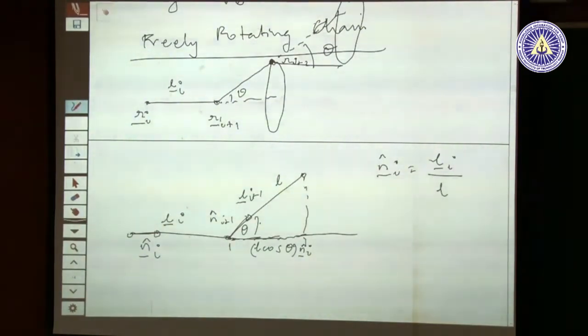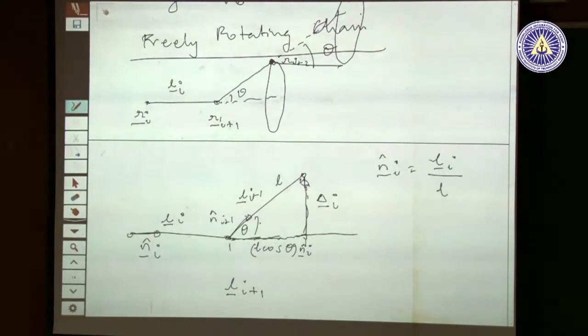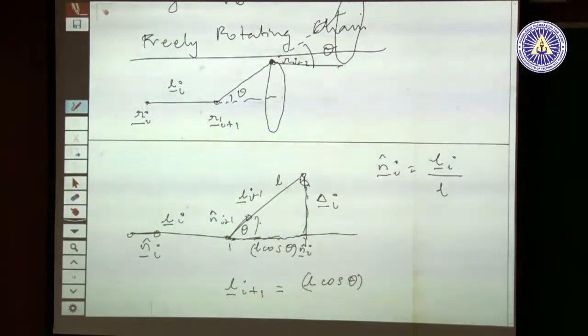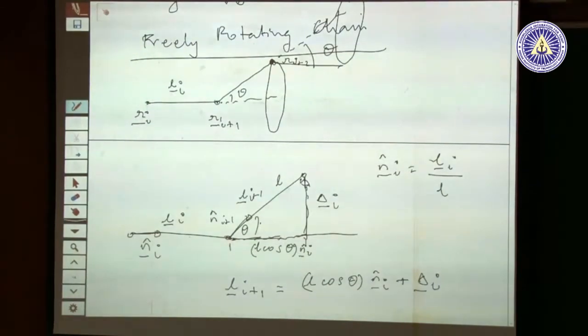Okay, so now Li plus 1 is free to rotate in any direction as long as it maintains that angle theta. So we could imagine we will call this vector delta i, and then I could write Li plus 1 as L cos theta times n hat i plus delta i. This vector is Li plus 1, this one is L cos theta n hat i, and this is delta i.